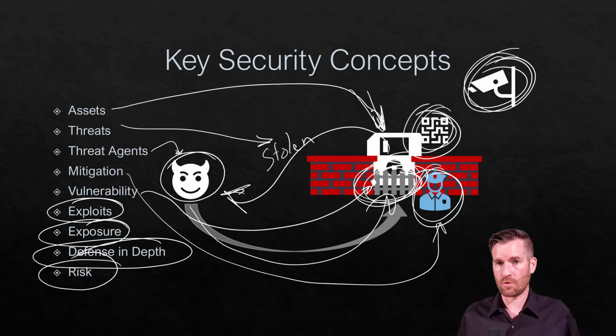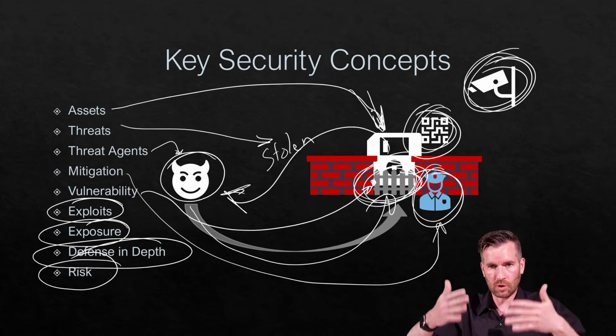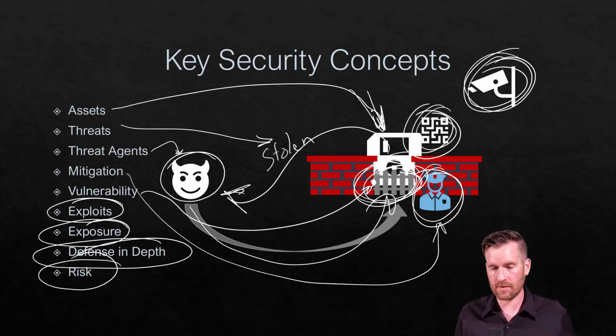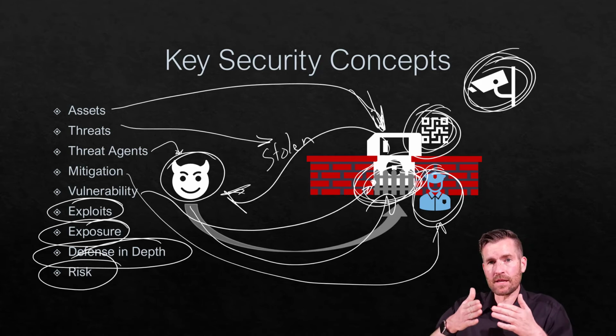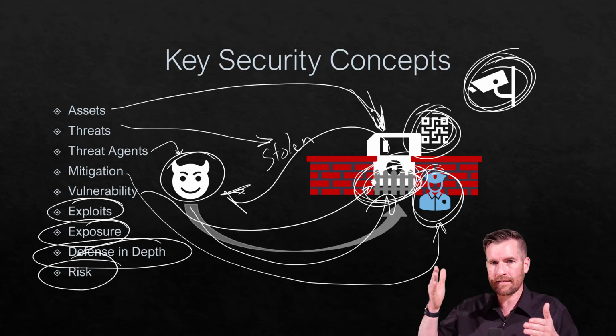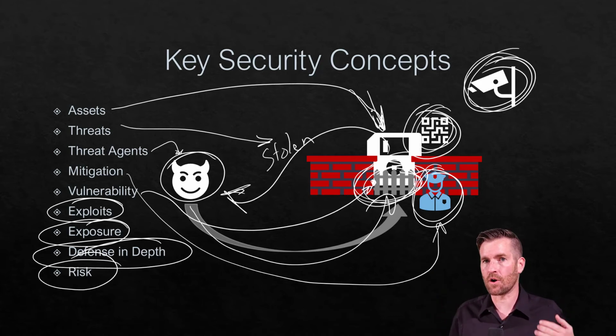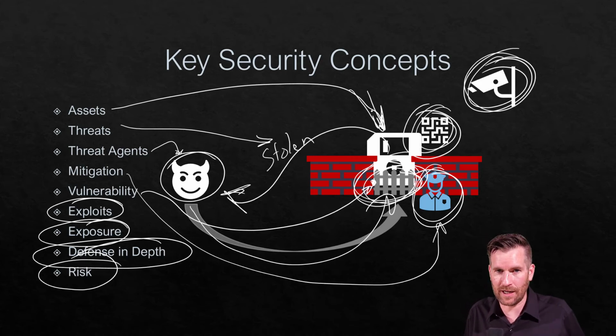So we are going to put in multiple walls and multiple steps in here to guard this data. So those are some key concepts that we're going to be using. These terms we'll be referring back to as we go through the rest of the videos in this module.